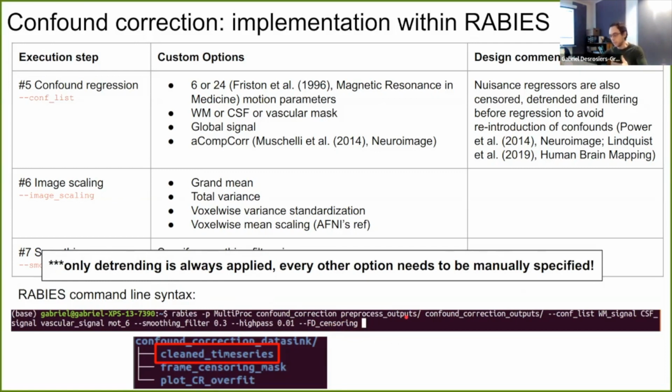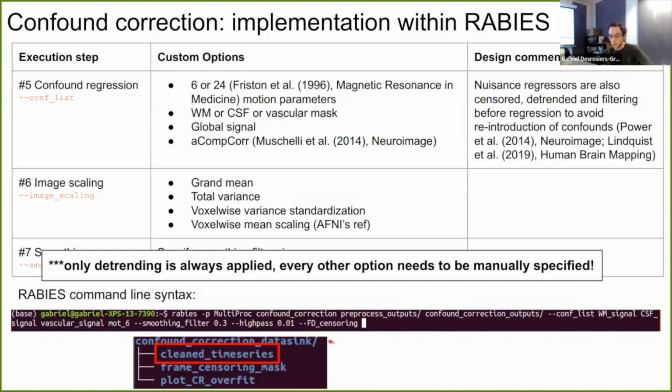So something important to keep in mind when you run RABIES at different stages is that you should not modify the outputs that are generated because they will be used at a later stage. And if you remove outputs, it's probably going to give you an error. And so then with that command, you also specify where you want your new outputs for confound correction, and then your list of correction steps.